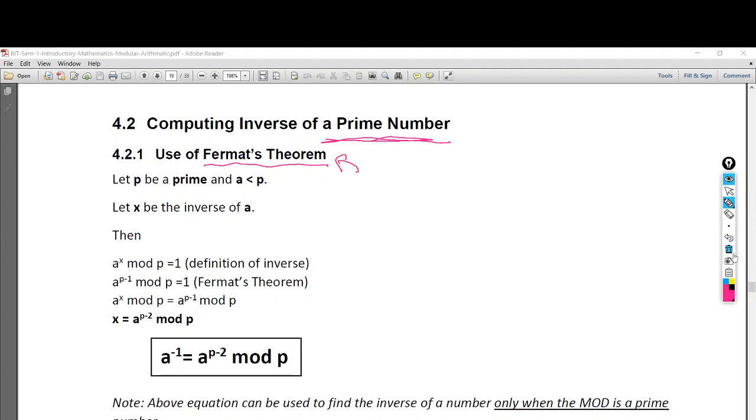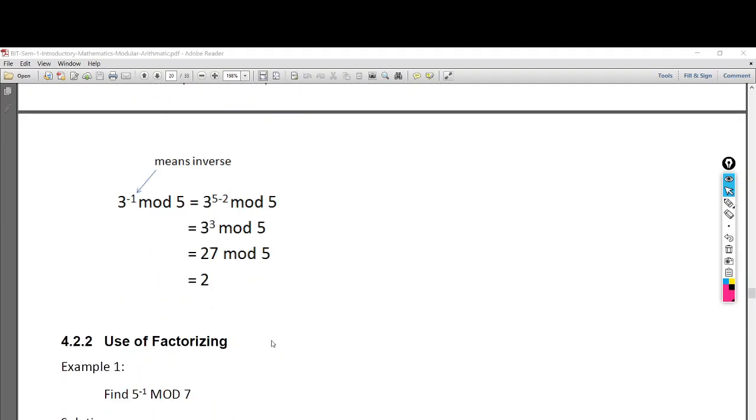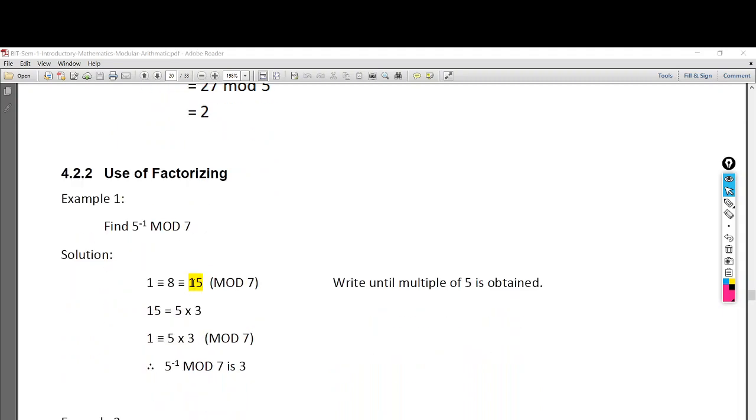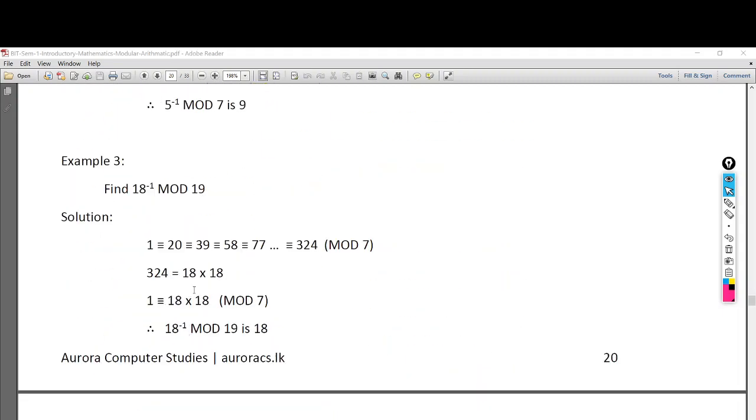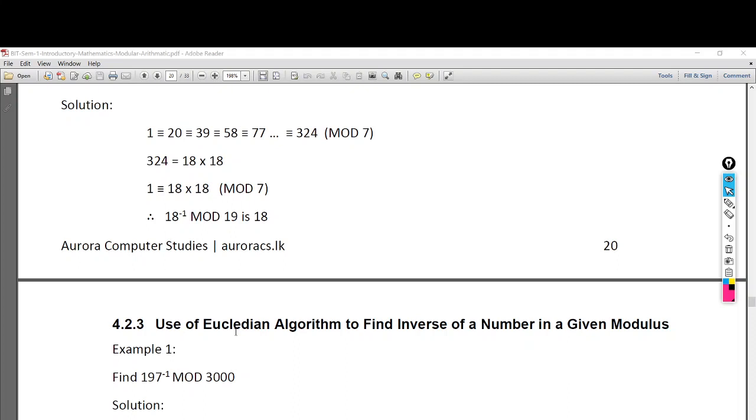We have another approach as well. This is the easier one, but it can be done only when your value is a prime number. That is a limitation, so don't think this is going to work everywhere. For the general case, we have another approach: the Euclidean algorithm can be used to find the inverse in a more general way.